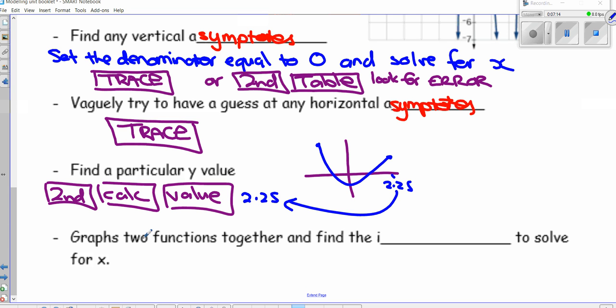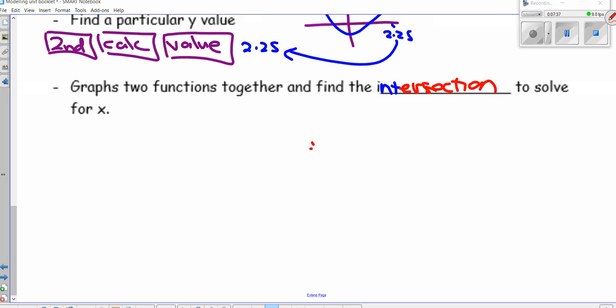Another big thing is graphing two functions together on the same set of axes and finding the intersection as a way of solving for x.